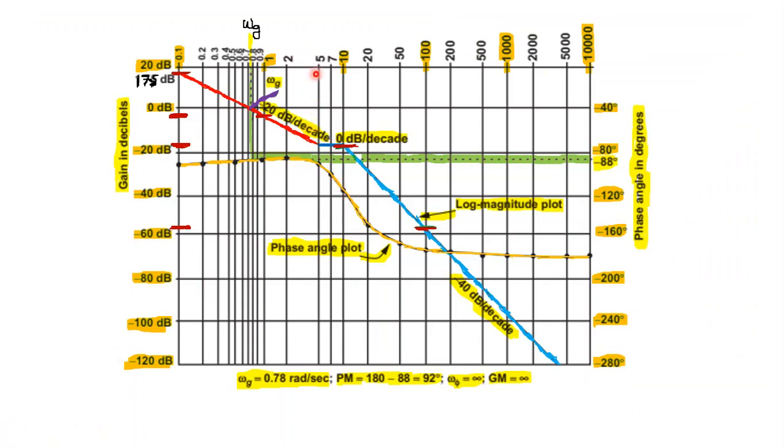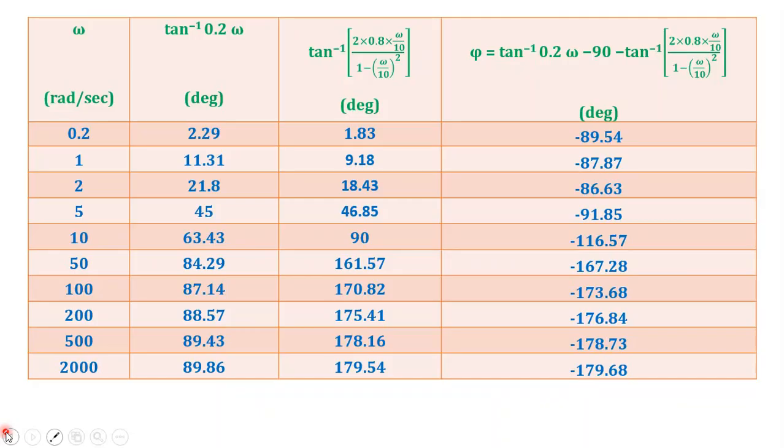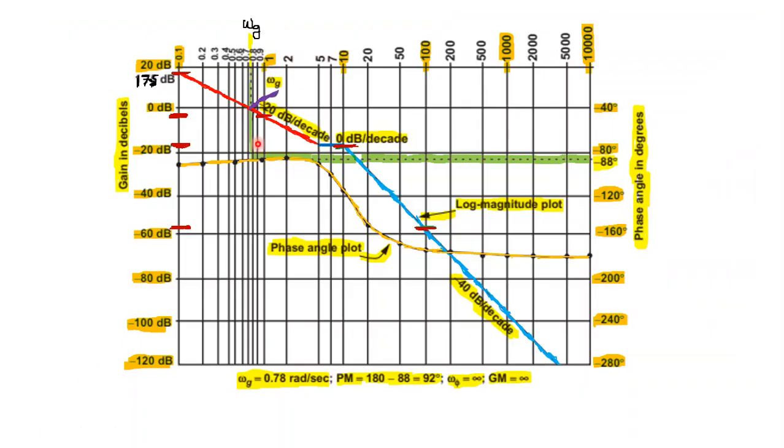So at 5, if you see, it is almost minus 91. In this place it is minus 91, right? At 10 I have marked something. If you see at 10, what is the phase angle? Minus 116, so let us say minus 117. So 10 means it is close to minus 120, you can see.